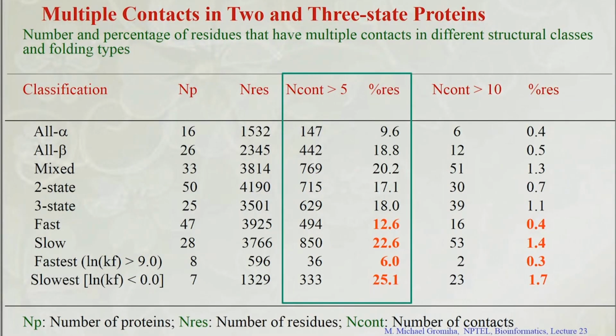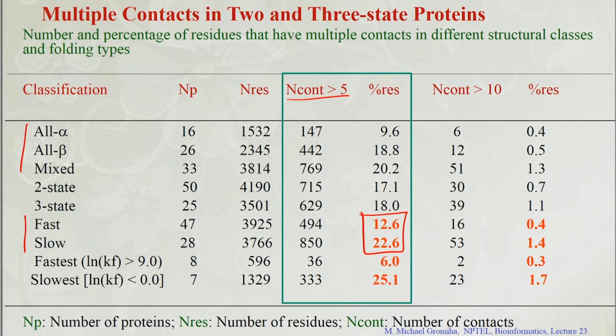So, we have the different classifications alpha, beta, mixed and the fast and slow folding proteins. Here this is the percentage of residues which have multiple contacts. If you see the fast and slow folding proteins with the condition of at least 5 residues, we see the clusters only if the residue contains more than 5 long range contacts.